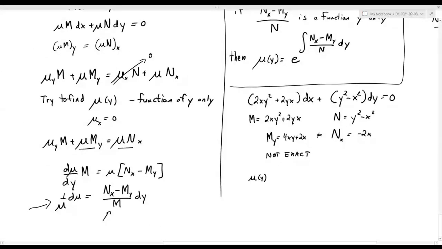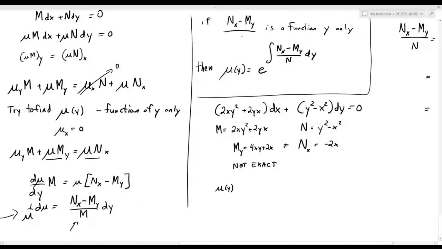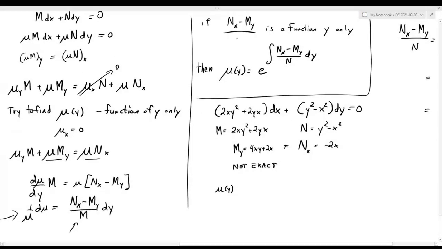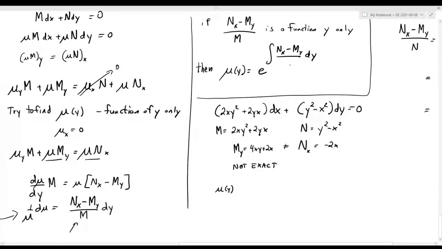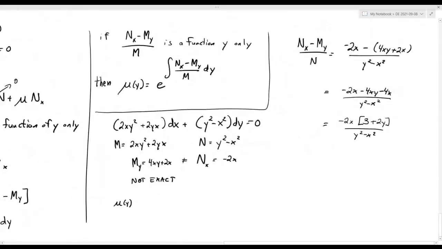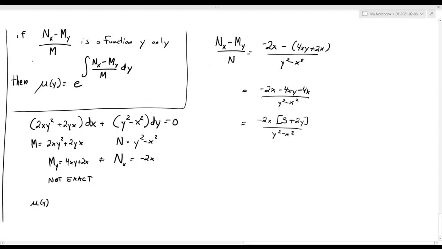Oh, okay, my bad. So this is m. So I messed that up. Okay, so let's start that over, right? I made a mistake, this should be m. And so if this expression is a function of y only, then we can find an integrating factor, which is a function of y only, according to this formula.